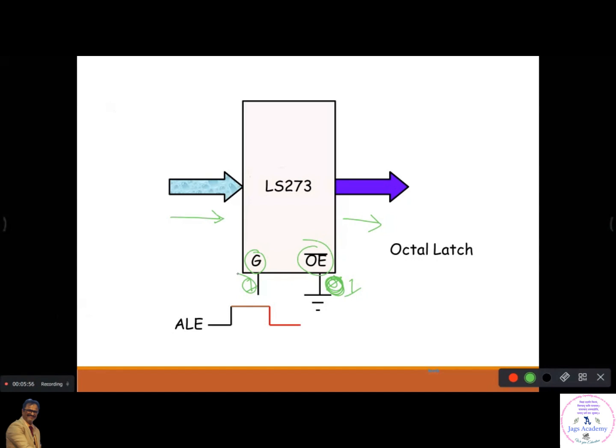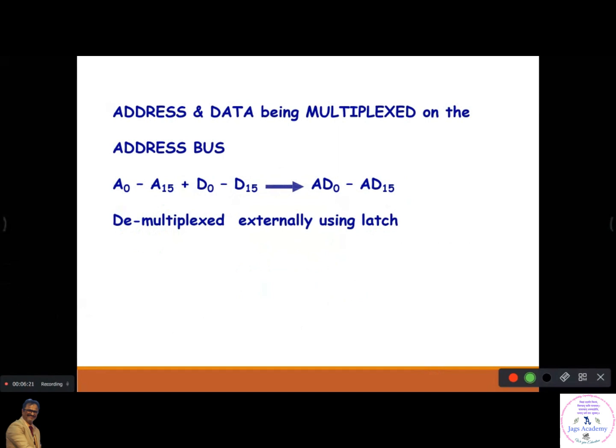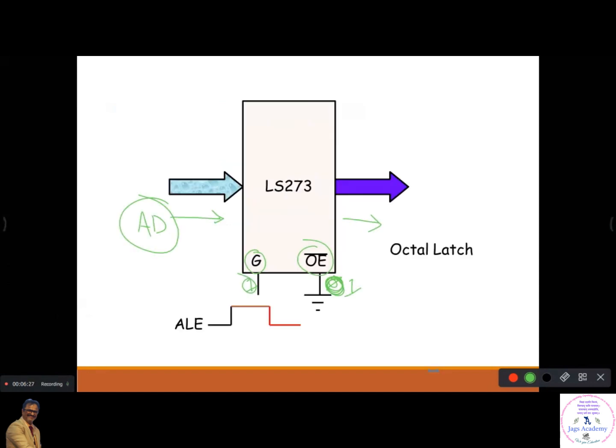Now what happens? There is another pin called ALE. I told you about this in my last class. Address latch enable. This address latch enable goes high automatically when the microprocessor generates an address. Remember this. So if you connect your multiplexed address data lines to this, and your ALE goes high, and this is 0, what happens?